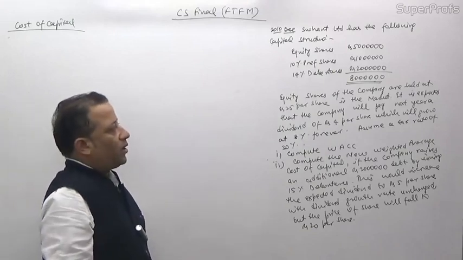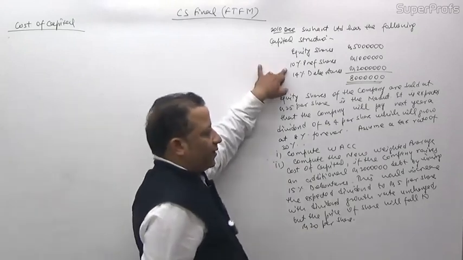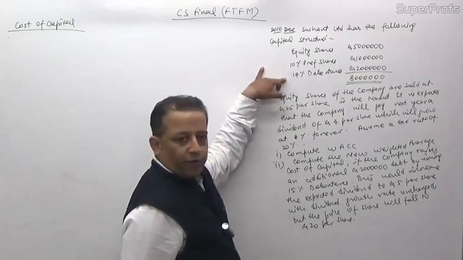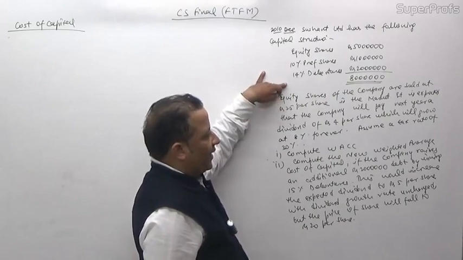Number 1, the equity share capital of rupees 50 lakh, 10% preference share of rupees 10 lakh, the 14% debentures of rupees 20 lakh. The total capital structure amount is rupees 80 lakh.